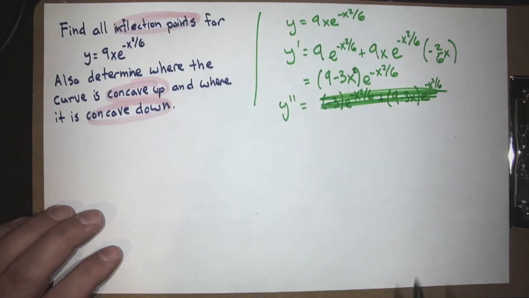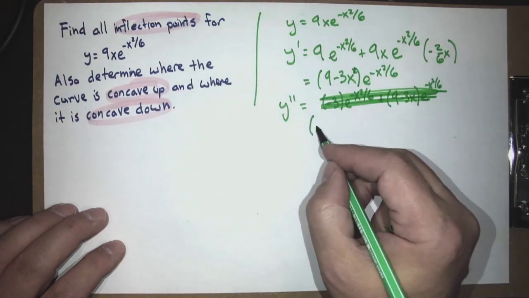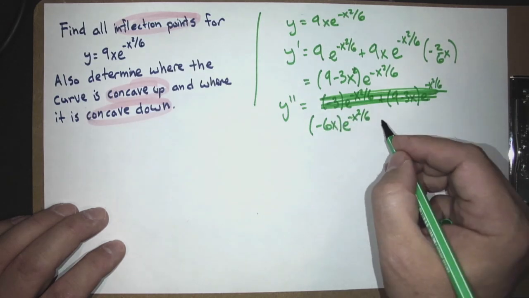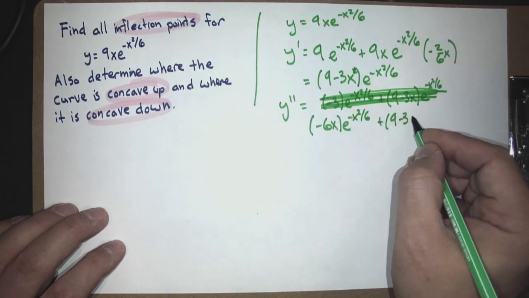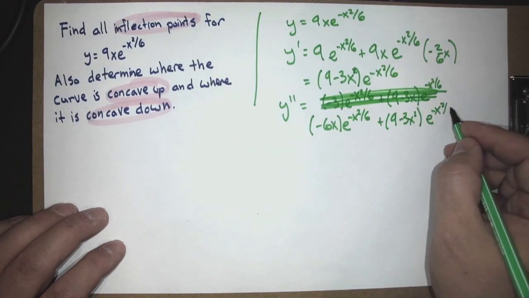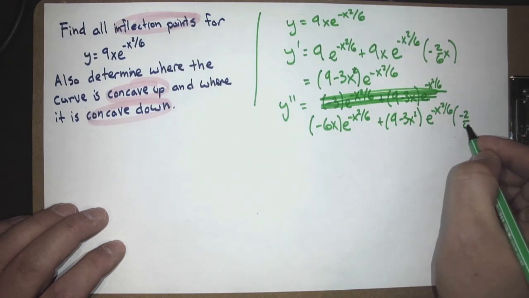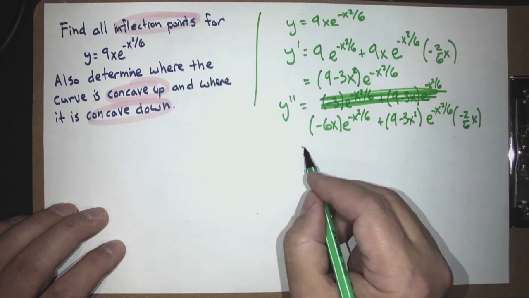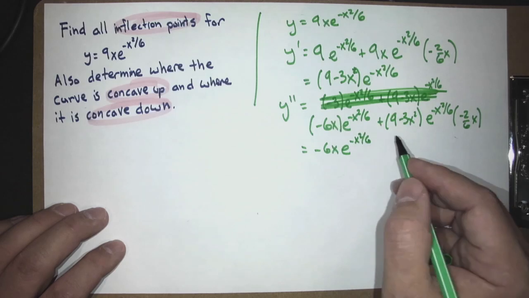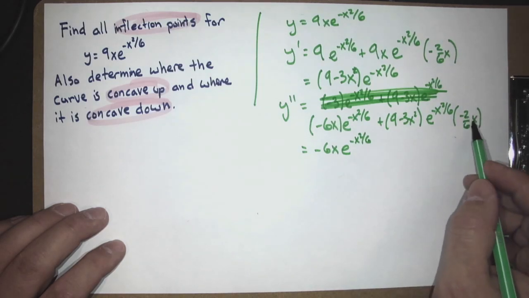Okay. All right. Derivative of the first would be negative 6x, e to the negative x squared over 6, plus the first, 9 minus 3x squared, times the derivative of the second, e to the negative x squared over 6 times negative 2 over 6x. So that makes negative 6x, e to the minus x squared over 6. That's a minus 1/3 x.